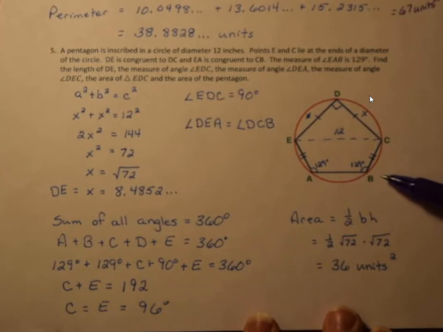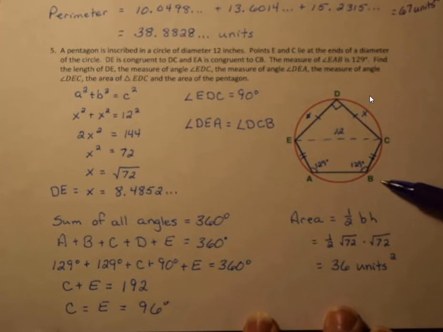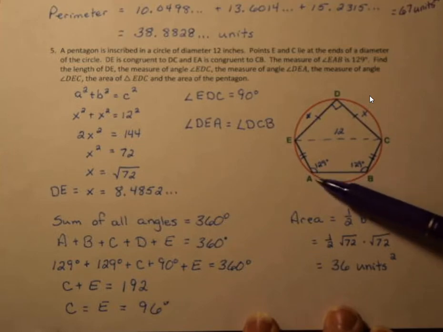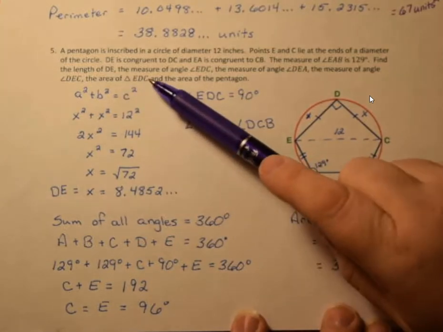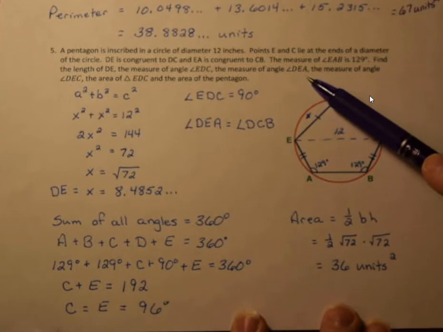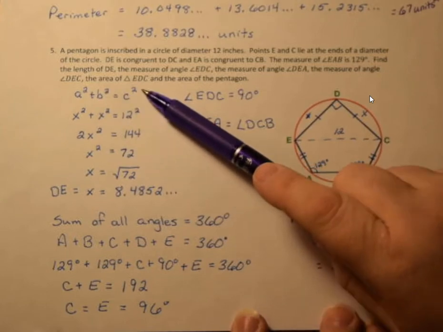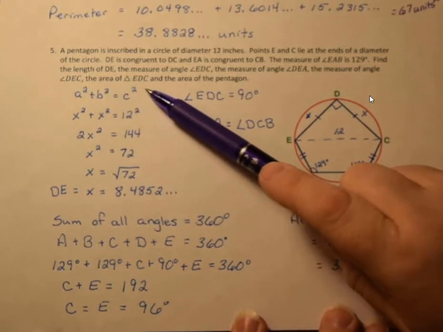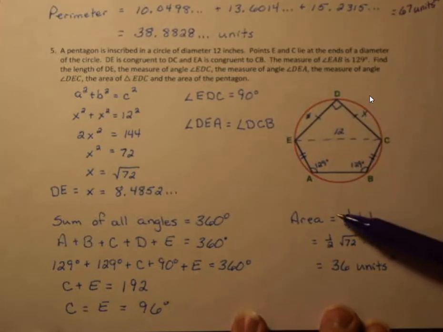The measure of angle EAB is 129 degrees. Find the length of DE, the measure of angle EDC, the measure of angle DEA, the measure of angle DEC, the area of triangle EDC, and the area of the pentagon. Holy smokes, there's a lot.